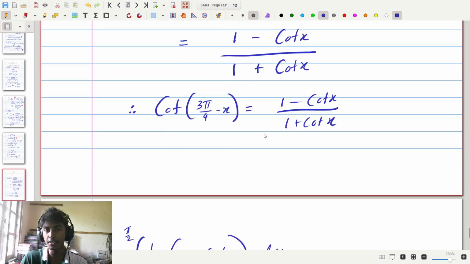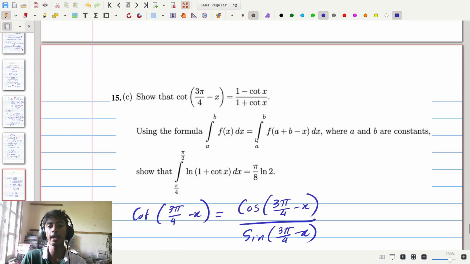I can write it using the formula here as the integral from a to b of f of a plus b minus x. So instead of f of x, I can substitute in a plus b minus x, and here a and b are pi by 4 and pi by 2 respectively.